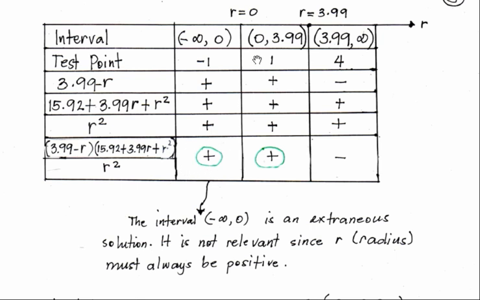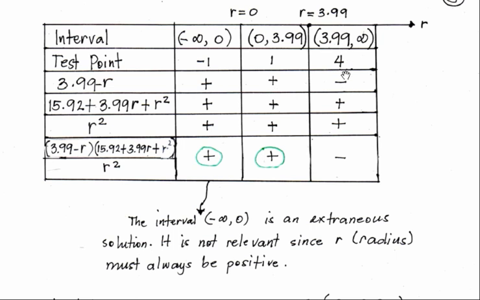Now, if r equals 1, test point, so we have here positive also, substitute 1 here, positive, and also substitute 1 squared, it's obviously positive. Then operate on this with the sign, positive, positive over positive, the result is positive. Moving on, if the test point equals 4, substitute it here, 3.99 minus 4, that's negative, because 4 is larger than 3.99 here.